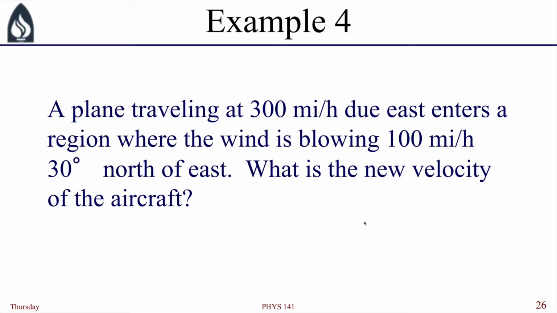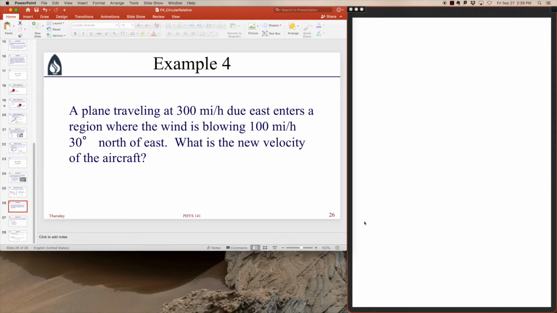So we should draw a picture that includes these vectors. So first off, let's draw our axes just to specify direction, north, south, east, and west. And then if I draw a picture of the velocity vectors, the plane is traveling at 300 miles per hour due east. That's how it would be traveling if there wasn't a wind.